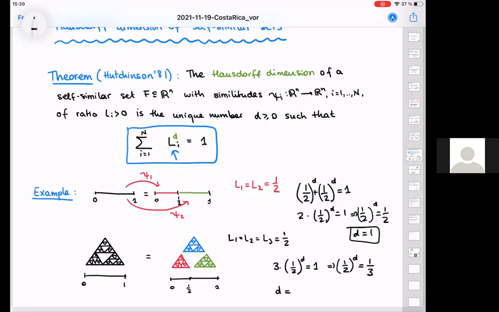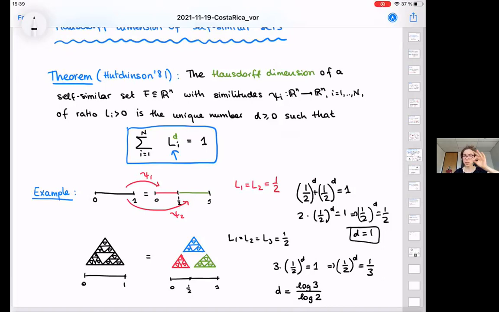Yes, so if I want to avoid the 1/3 and the like, I can do log of 3 over log 2. You agree with me? Yes, because it's like 2 to the d equals 3 as well. Well, this is the Hausdorff dimension of the Sierpinski gasket.